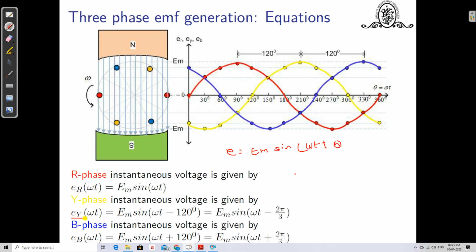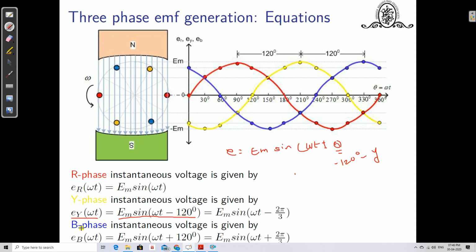Hence its equation will be EY equals EM sine omega t minus 120, because it is lagging by 120 degree. In radians, 120 degree can be written as 2 pi by 3. Hence it is omega t minus 2 pi by 3. That is, the value of theta in the case of Y phase voltage is equal to minus 120.